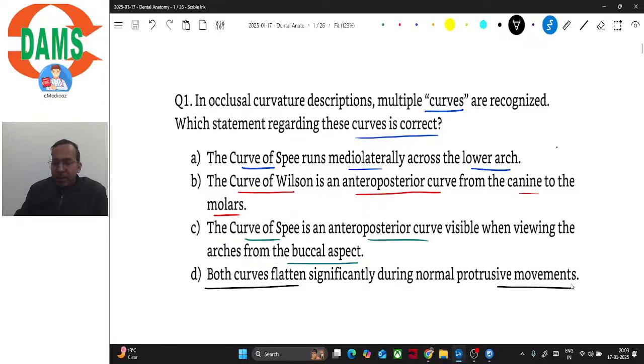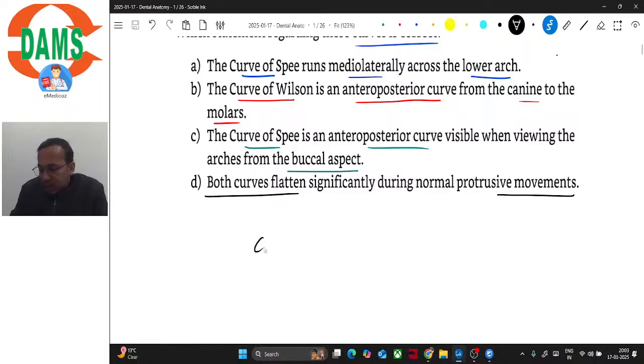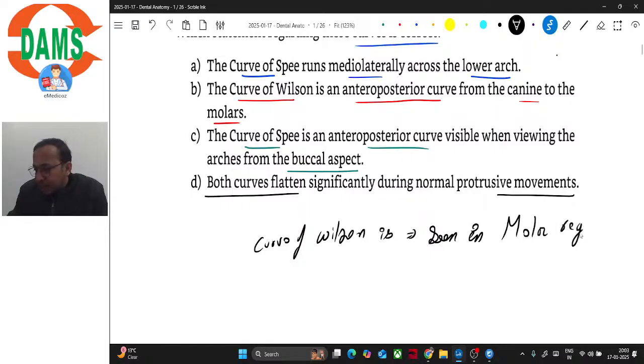While the curve of Wilson is seen in molar region, right?